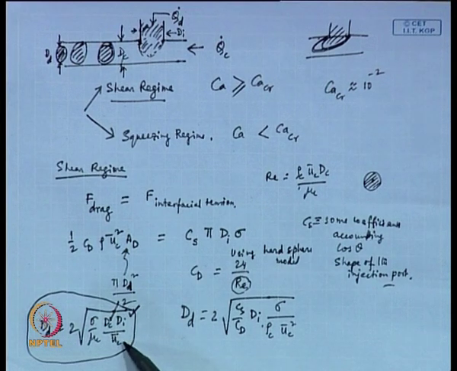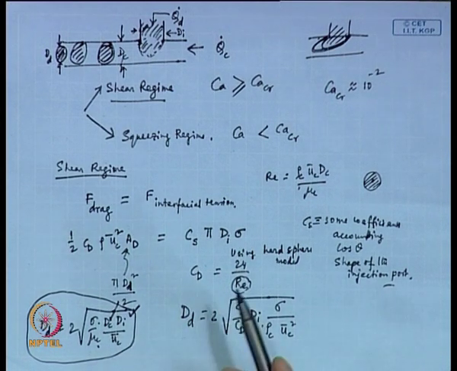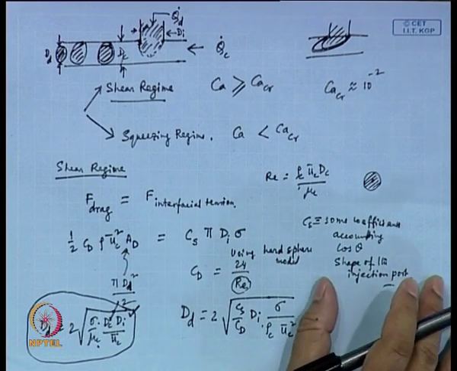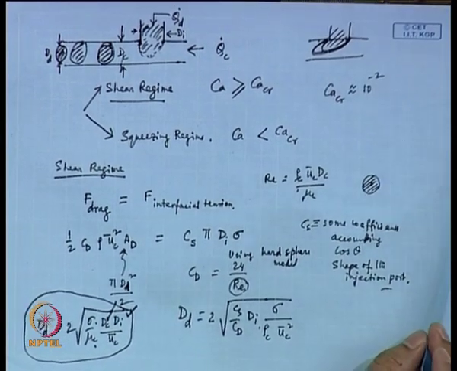Carrier fluid viscosity is there, interfacial tension is there. So, that gives the diameter of the droplet. If somebody wants to produce droplets of certain diameter, he can choose the dimensions and the velocity of the carrier fluid, and he can come up with the right dimensions. That is possible.